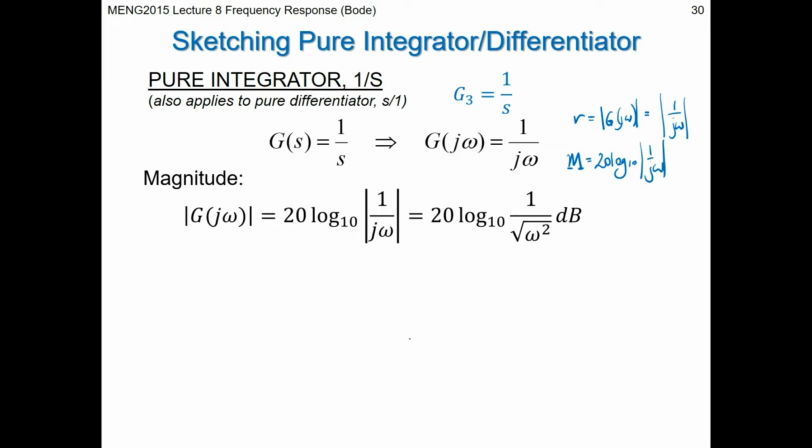So if you take the magnitude of this, you're going to end up using our basic quotient rule for complex numbers.